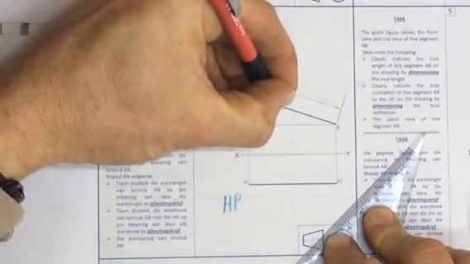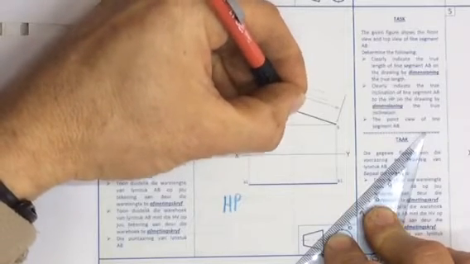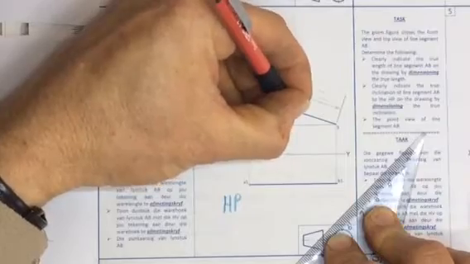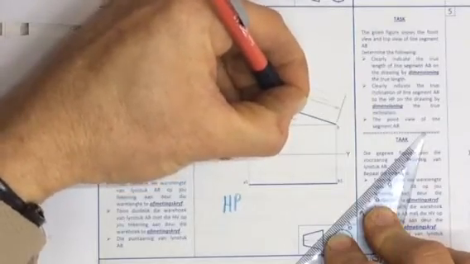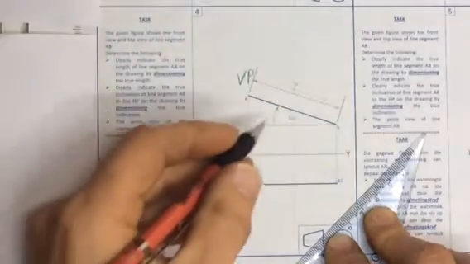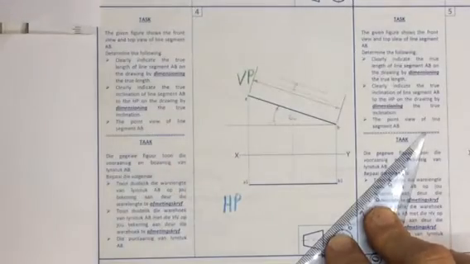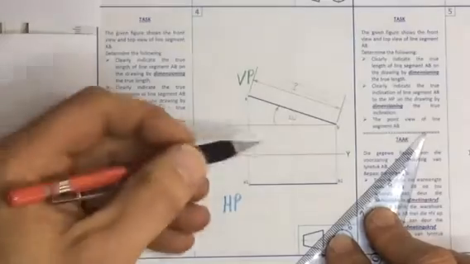Arrowhead here. And then you measure with your protractor whatever that angle is. I'm going to call it omega. Just a little Greek letter.